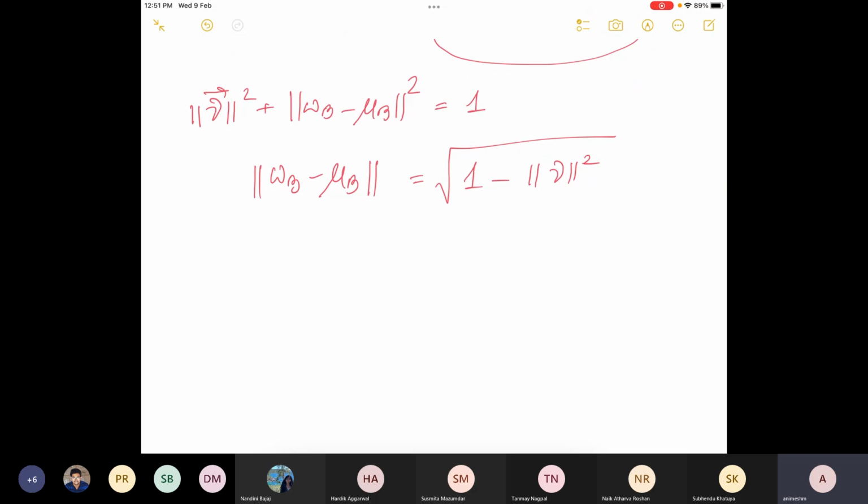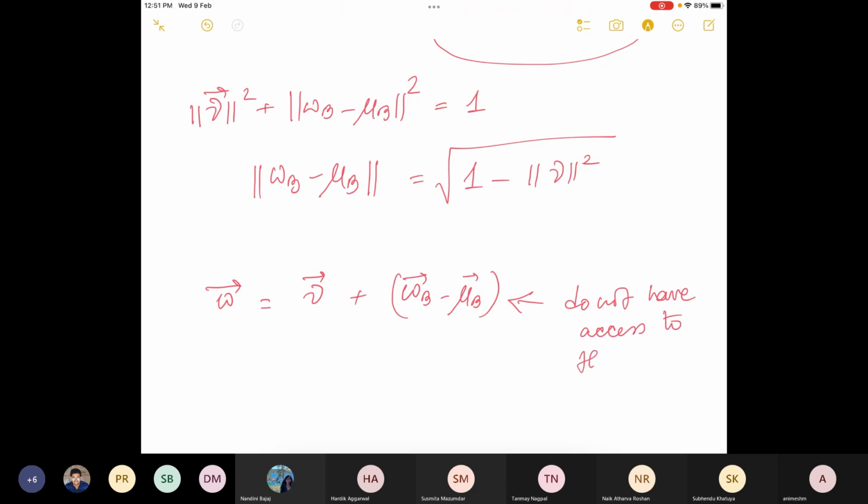Okay. So now I want to express W equal to nu plus, if you recall, WB minus mu B. But I do not have access to this, because in the gender subspace, everything has got normalized.